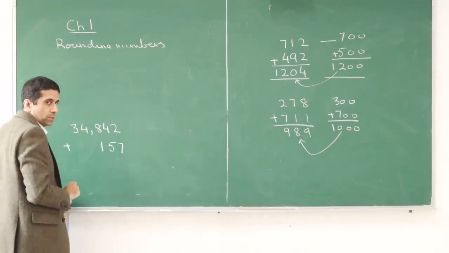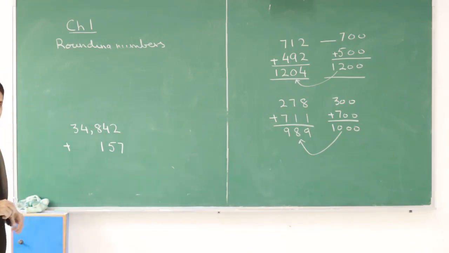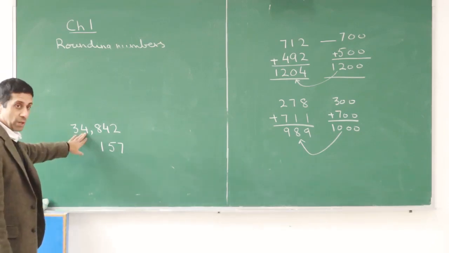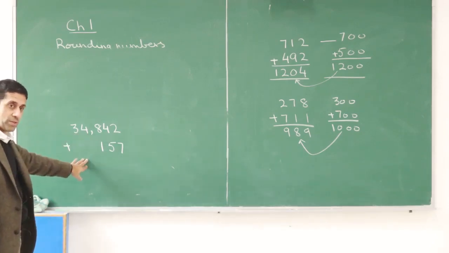Okay, now what do you want to estimate it? 35,000 plus 200. Okay, that's one way to do it, but that's being a bit inconsistent because you estimated this to the thousands and this to the hundreds.